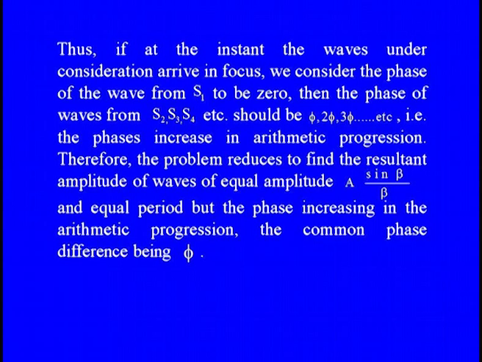Therefore, the problem reduces to finding the resultant amplitude of n waves of equal amplitude A sin beta by beta and equal period, but the phase increasing in arithmetic progression, the common phase difference being phi.